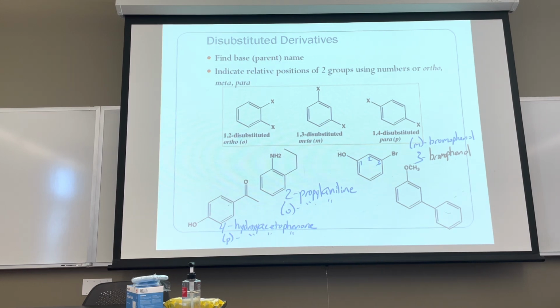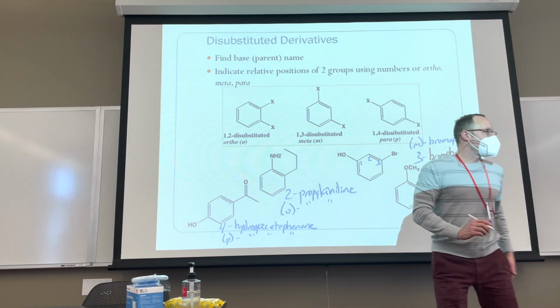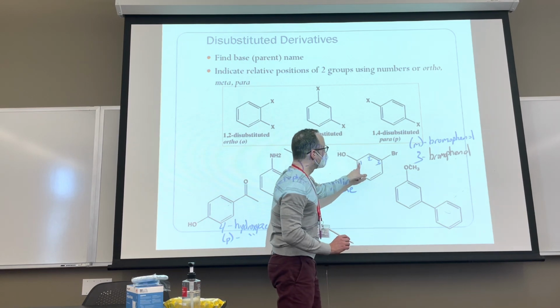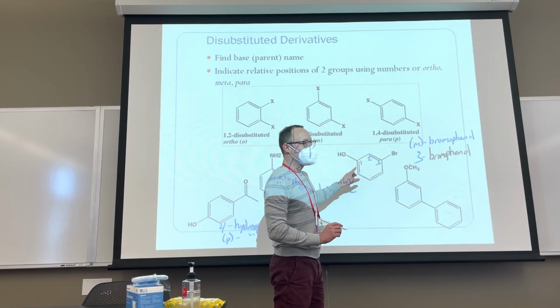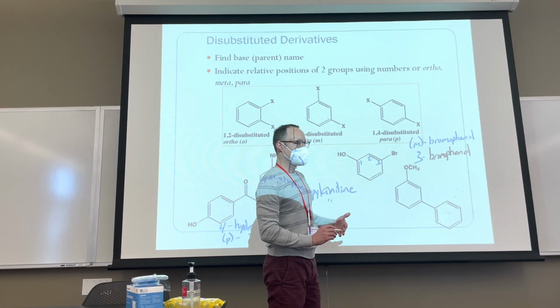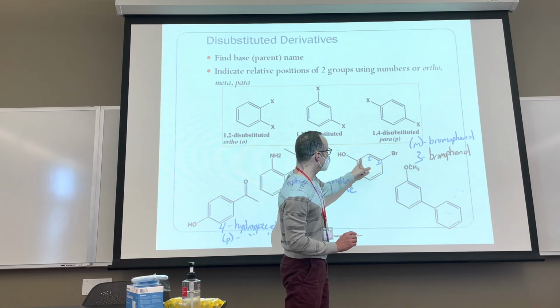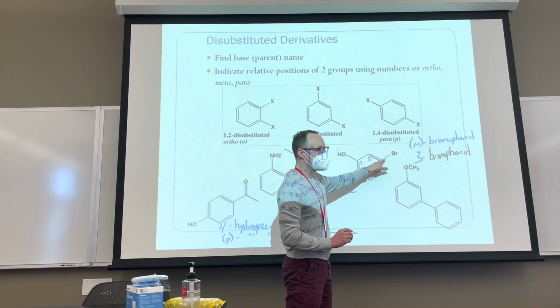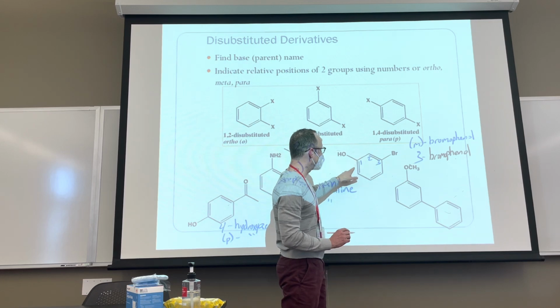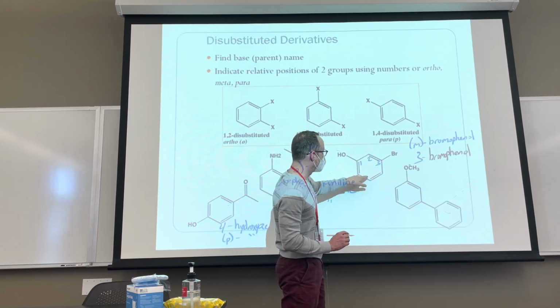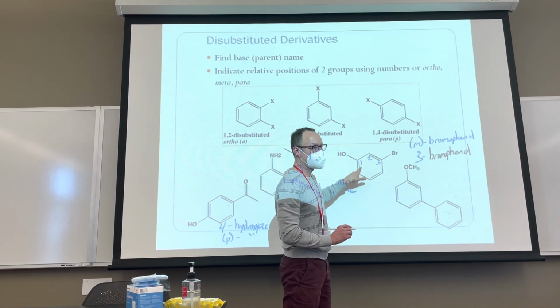On the one that you did, with the phenol and the NO2, why does the numbering go in that direction? Shouldn't it be going the other way? Well, remember, the rule for rings is you want your substituents to have the lowest possible numbers. So if I number the way I did, I get a 1 and a 3 substitution. If I numbered the other way around, you get 1, 5.